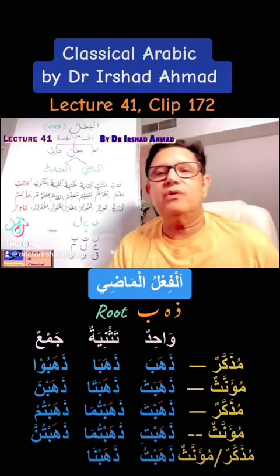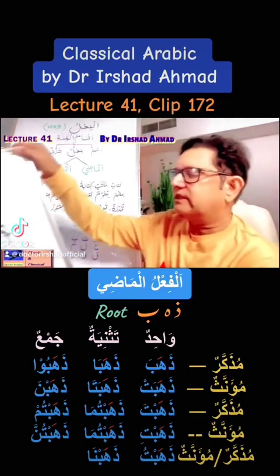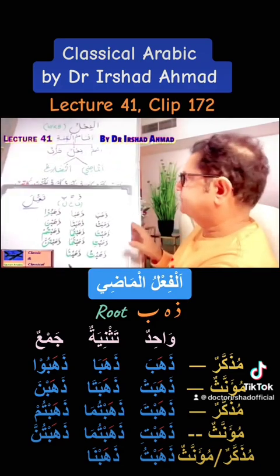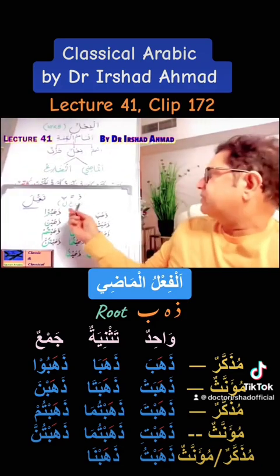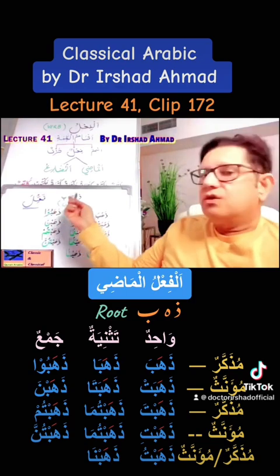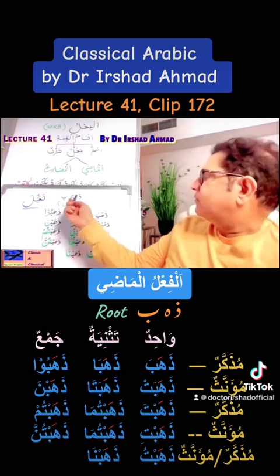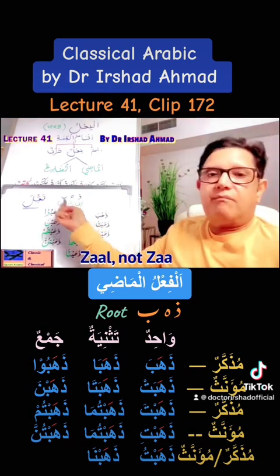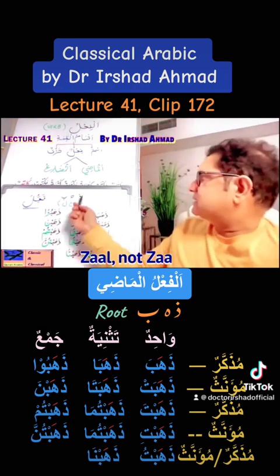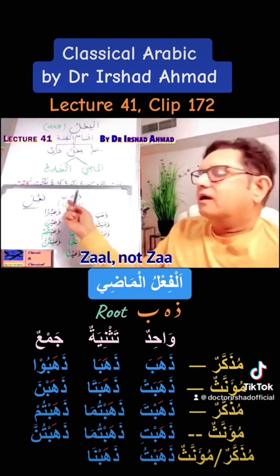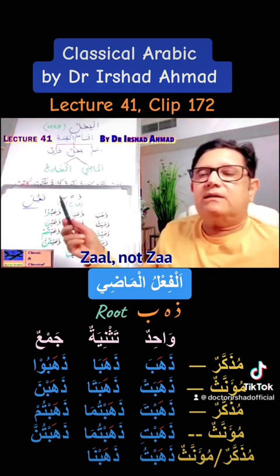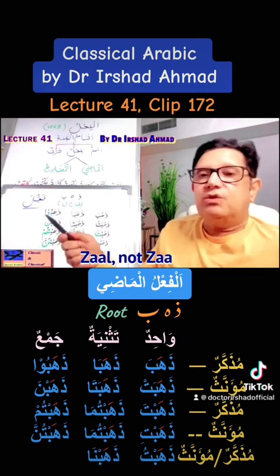Let's move on to our first root here. I've already made this chart. We have talked about root. We have the root za, ha, ba, which is equivalent to saying in English "to go."